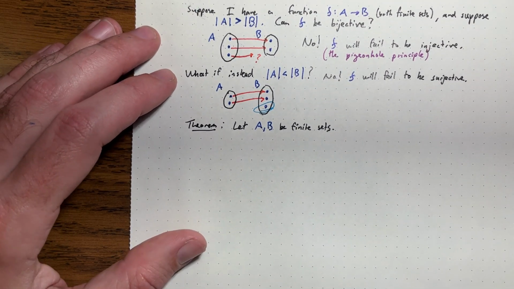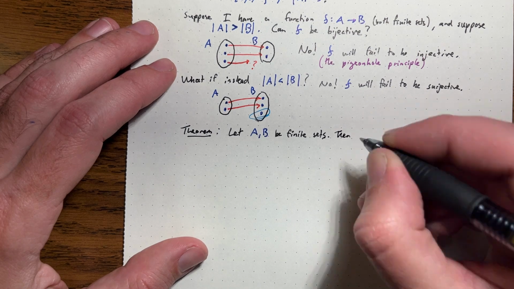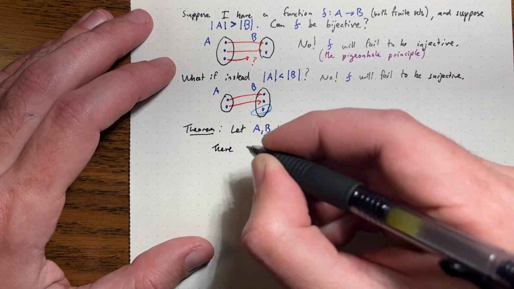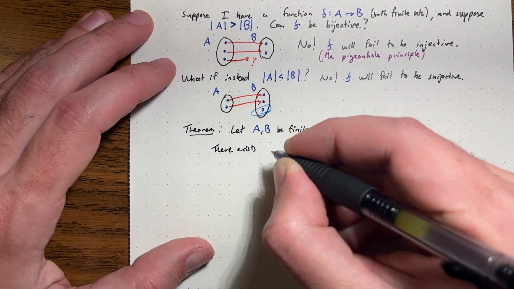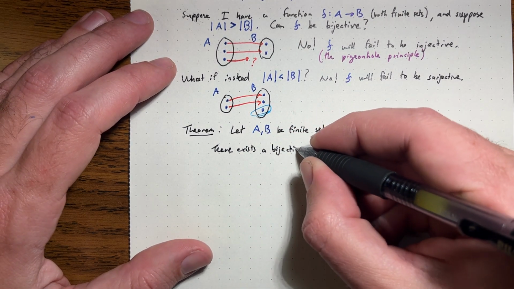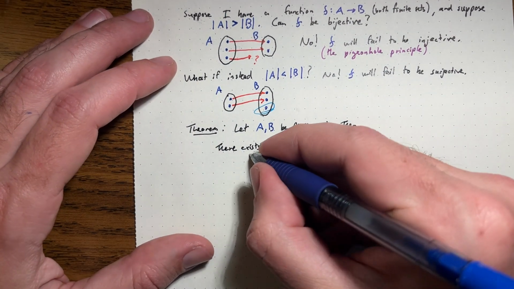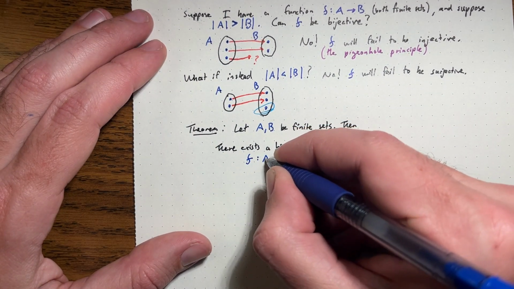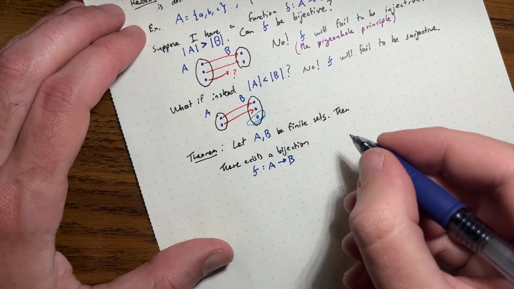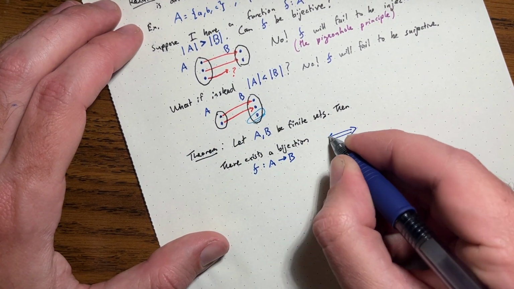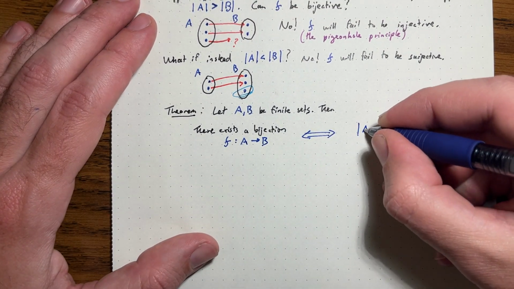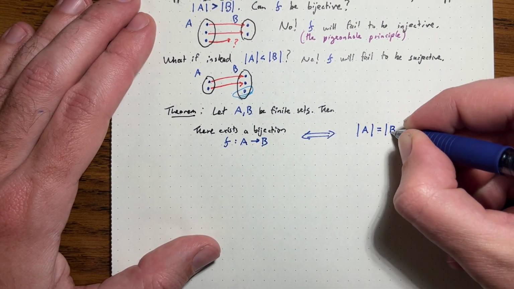So let A and B be finite sets. Then, here's the statement. There exists some bijective function from A to B if and only if their cardinalities are equal. Okay?